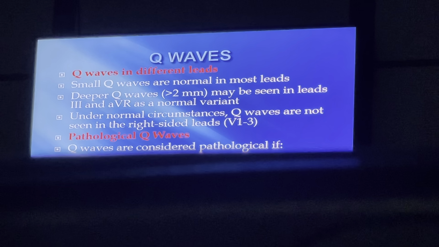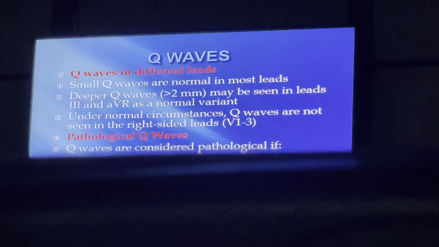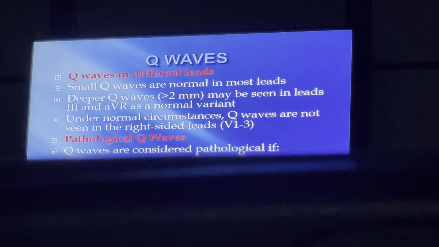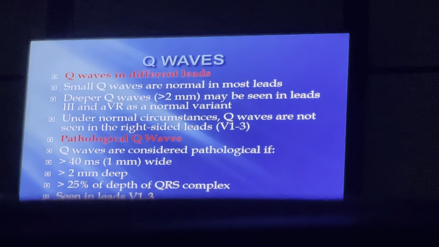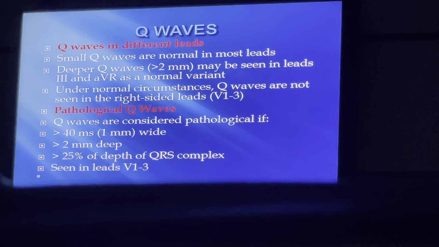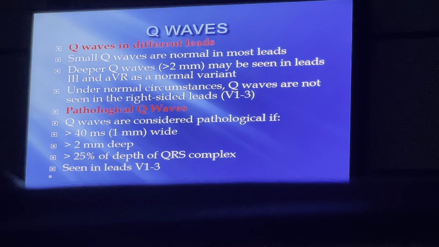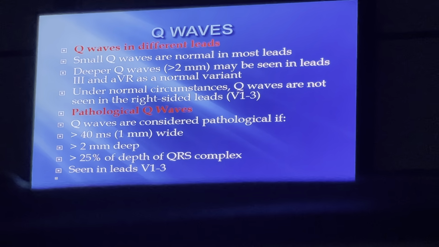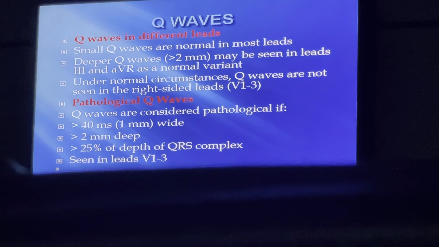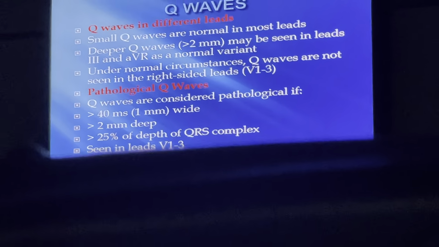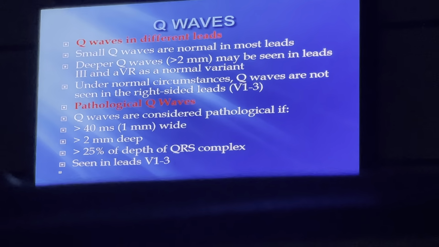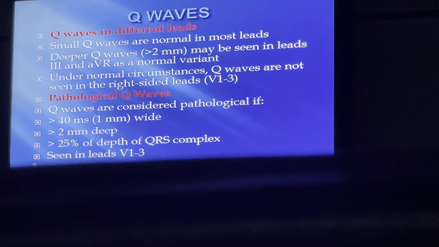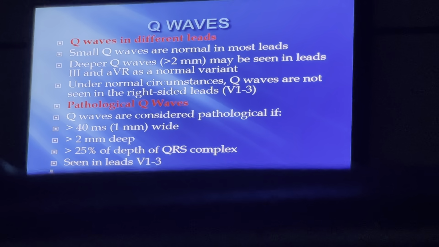Now the Q wave. We have discussed in the QRS complex the duration and voltage. The next important thing is the Q wave. Small Q waves are normal in most leads. Deeper Q waves of more than 2 mm may be seen in leads III and aVR as a normal variant.